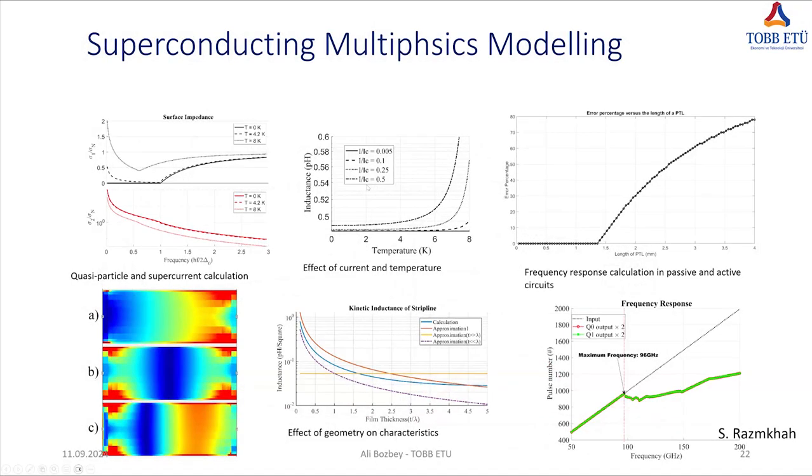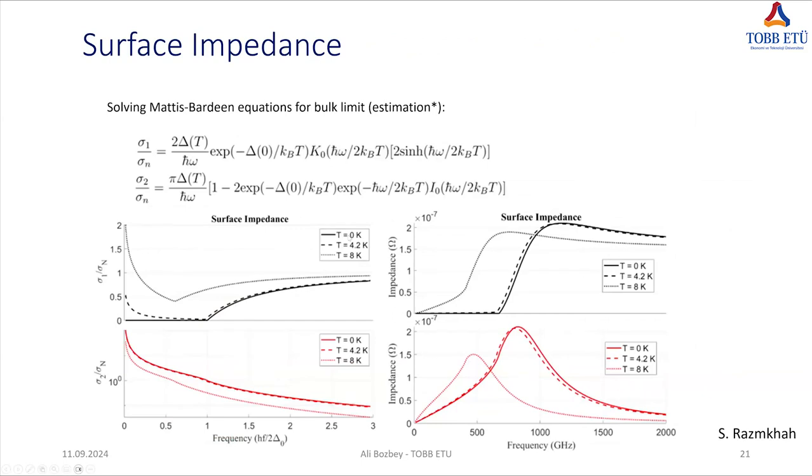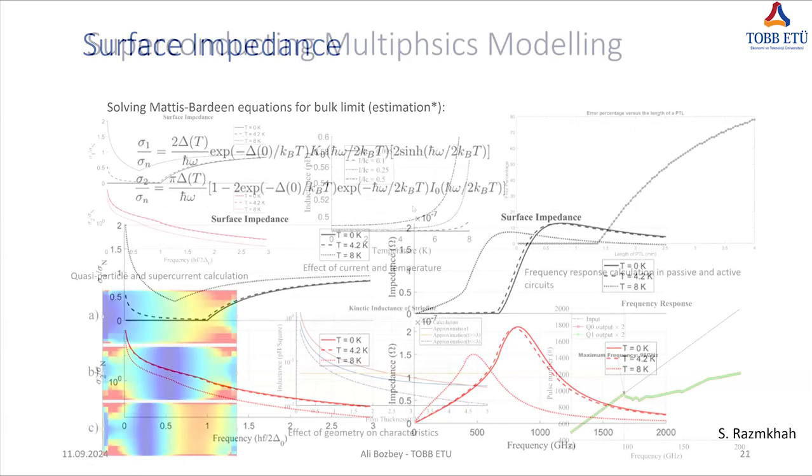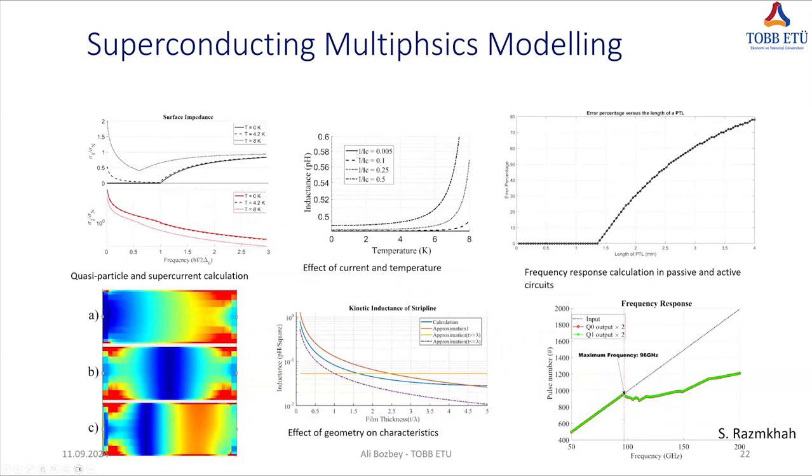In this case, we assumed the model is developed at 0 Kelvin, 4.2 Kelvin, and 8 Kelvin. But we can also include different critical currents flowing through the material, because the critical current also affects the degree of superconductivity.